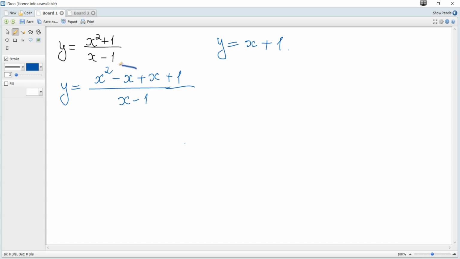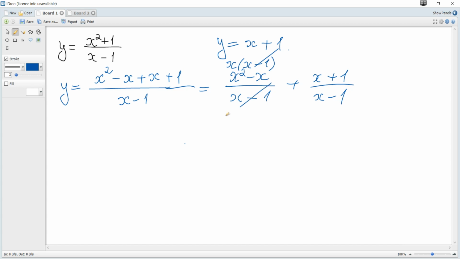But now if I split it into two fractions, it becomes x squared minus x over x minus 1 plus x plus 1 over x minus 1, and here if we factor out x, we get x minus 1, and x minus 1 can be cancelled out, and I get x plus 1 over x minus 1.